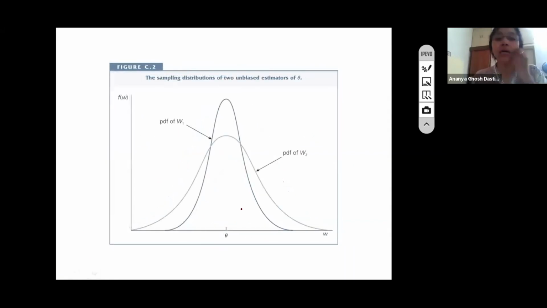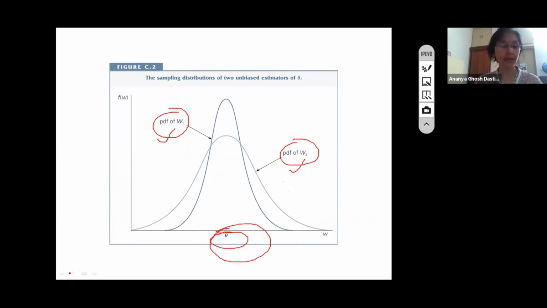Here again, you're looking at two estimators, W1 and W2. W1 is an estimator, W2 is another estimator of the unknown parameter theta. Both of them are unbiased, as you can see, right? The mean of W1 and the mean of W2 are both centered on theta.